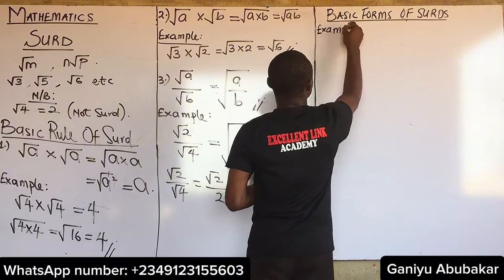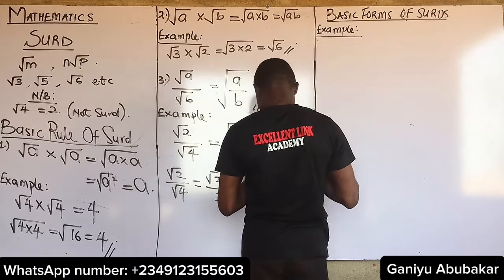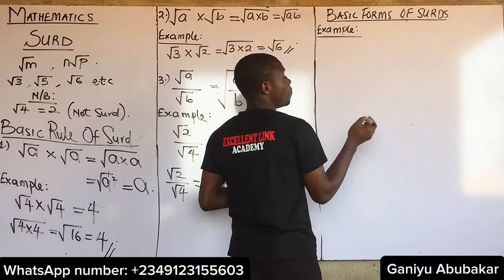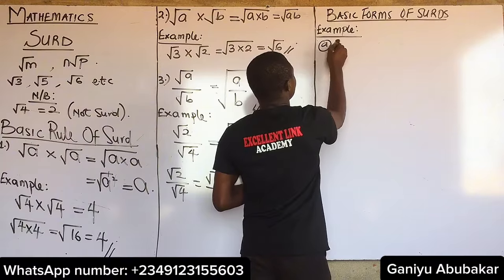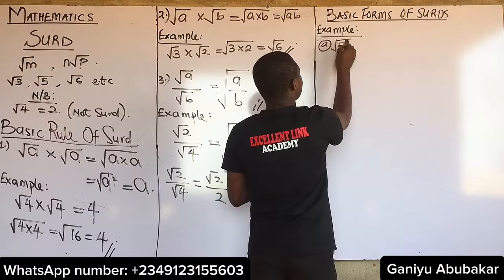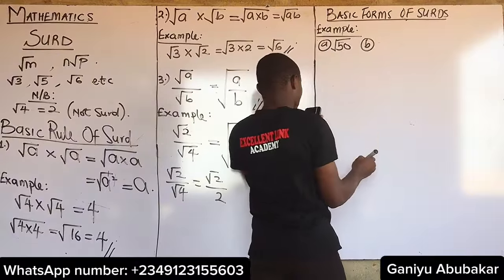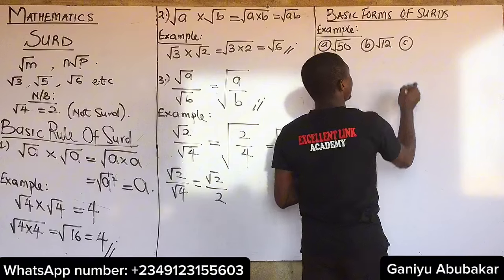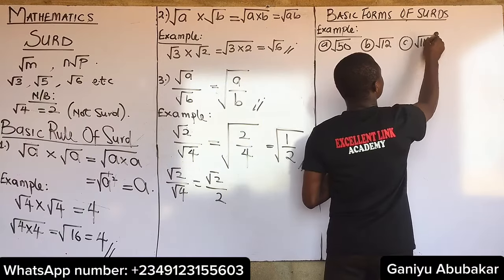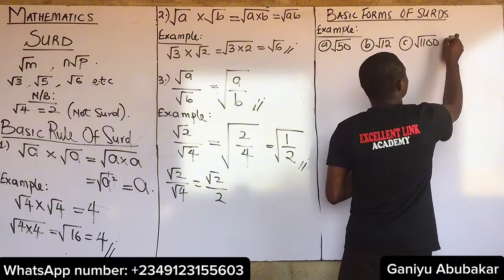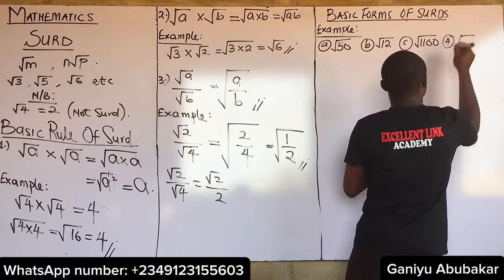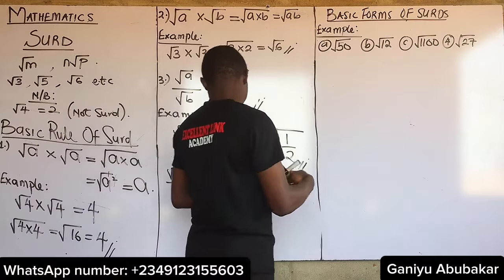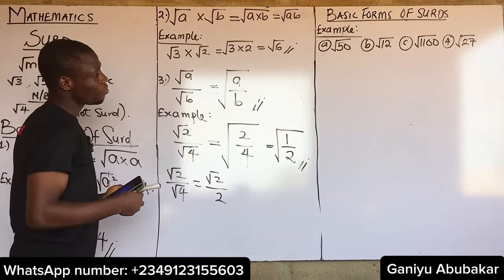Example: find the basic form of the following surds. Number 1, root 50. Number 2, root 12. Number 3, root 1100. Number 4, root 27. All right, let's get this done.